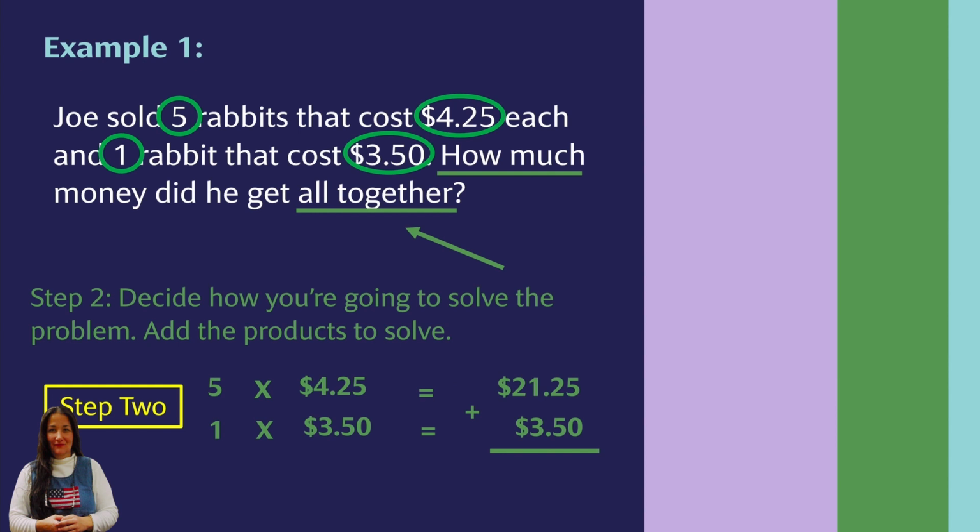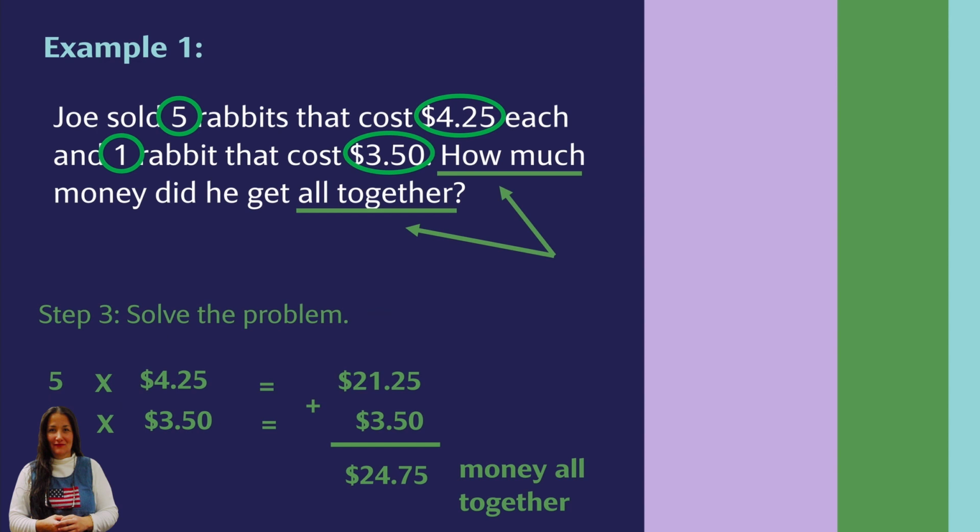Step 2 is to add all together: $21.25 plus $3.50. Step 3, solve the problem. $21.25 plus $3.50 equals $24.75 money altogether.